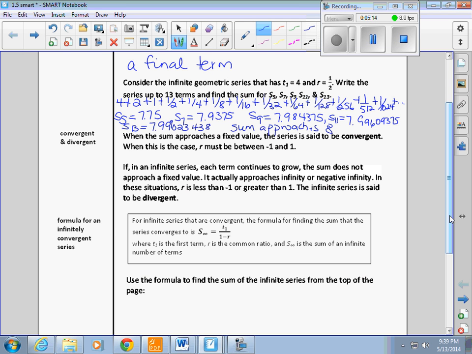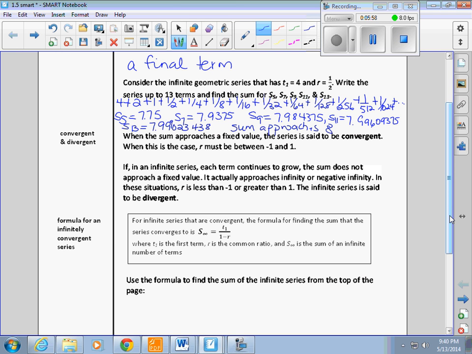So when your sum keeps growing, either in the positive direction or shrinking in the negative, because as your numbers increase in the negative, your value is actually less, then your infinite series is said to be divergent. So it's either moving way off into the negatives or way off into the positives. r needs to be, in that case, either less than -1, so -1.1, or -1,000,001, or it has to be greater than 1.